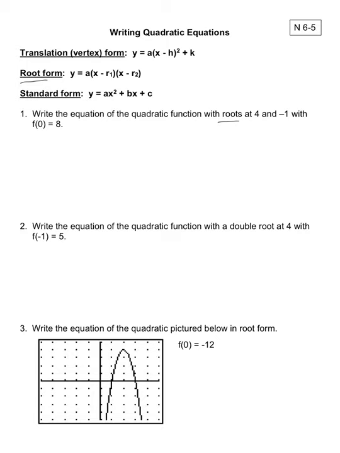Now, to keep everything straight, we want to write the equation down first. The equation is y equals a, parentheses, x minus root 1, close parentheses, open parentheses, x minus root 2. The next thing I want to do is label all my parts.